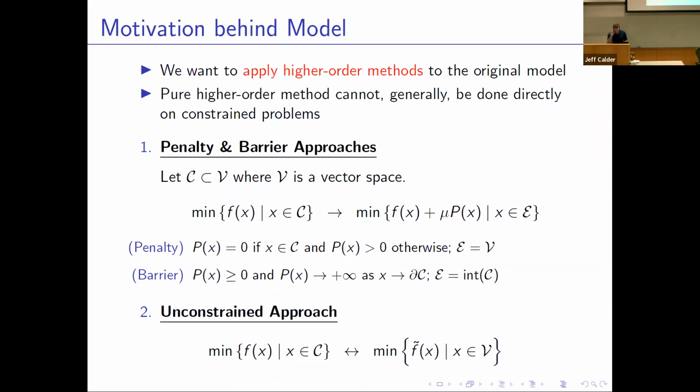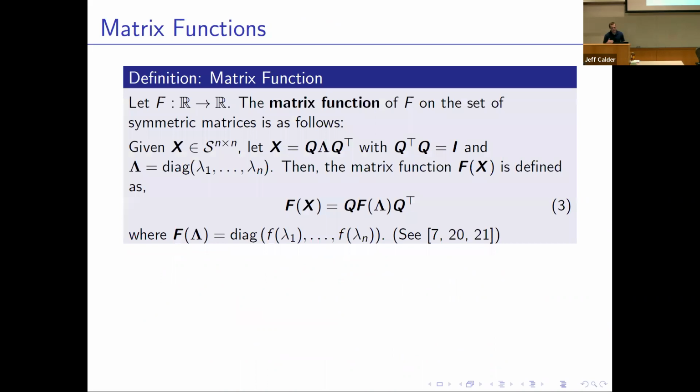And in order to do that for our problem, we're going to introduce something called matrix functions. There's various different types of matrix functions, but we'll focus on a very specific instance of it for today. So the idea of a matrix function is I give you a function that takes the reals to the reals, and I'm going to define a matrix function, which takes a matrix and maps to a matrix via the scalar function. So in the case of symmetric matrices, I can do this through the spectral decomposition.